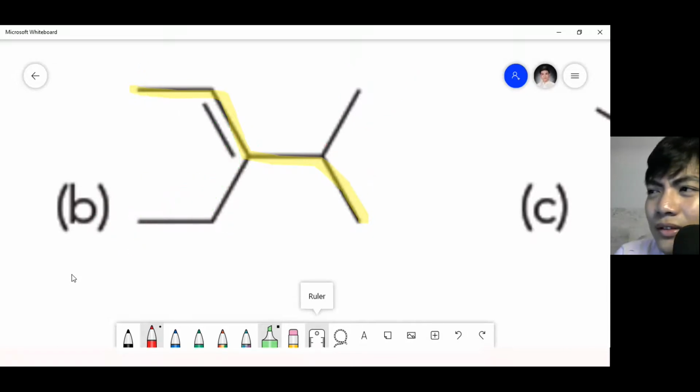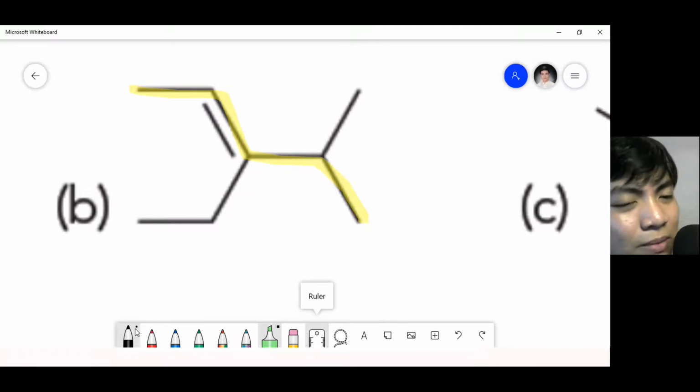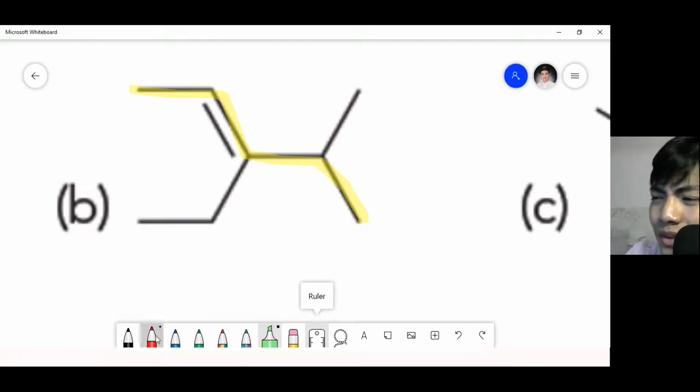So let me just control Z everything. Yeah. So we have this thing here. Now, since you identify the parent chain, what will be the next step? The next step is to assign the locant. So in assigning the locant, you have to do it in 2 directions first. Okay? So 1, 2, 3, 4, 5. And the other one is starting at the rightmost side.